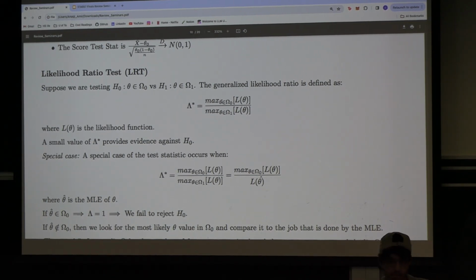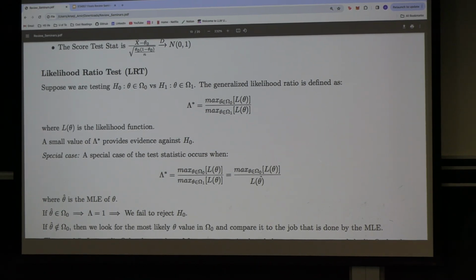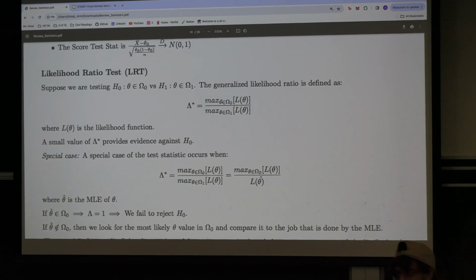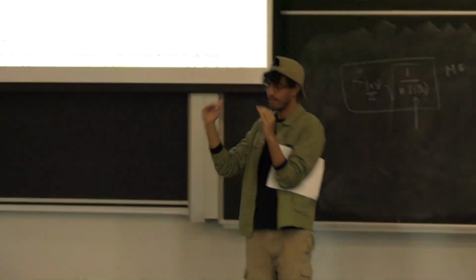Well, what I can do is I know that there's a way for me to compute the likelihood for all different parameter values. I can put in L of 1, 1.5, 2.7, whatever. What I'm going to do is take the best one in each individual subregion, and I'll compare the bests of the two regions.